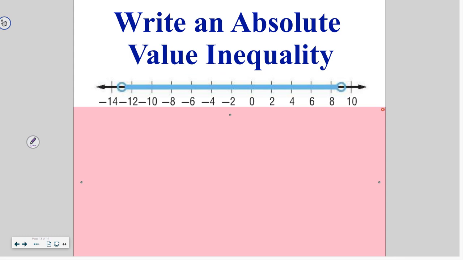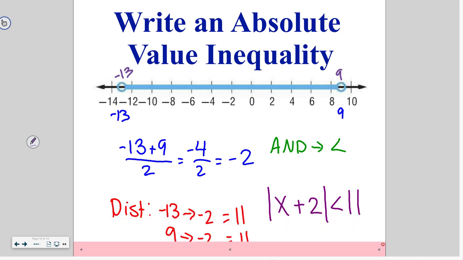Go ahead and try this one on your own. I want to note that this value here is -13, and this one over here is 9. So, -13 plus 9 divided by 2, again, gives us our middle point of -2. Our distance between both of those is 11 spaces. So our distance is 11.